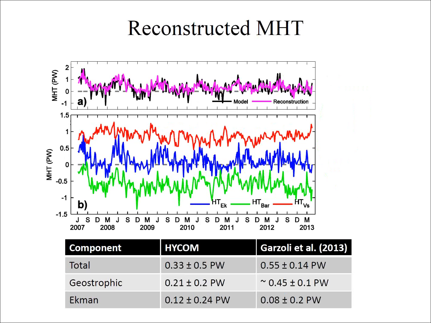The difference is even stronger here in comparison to Garzoli et al. 2013. We see that the geostrophic part is about half of what is estimated by Garzoli. I put a tilde here because this is an estimate from the residual between the two; I don't think in that paper they give exactly the value.